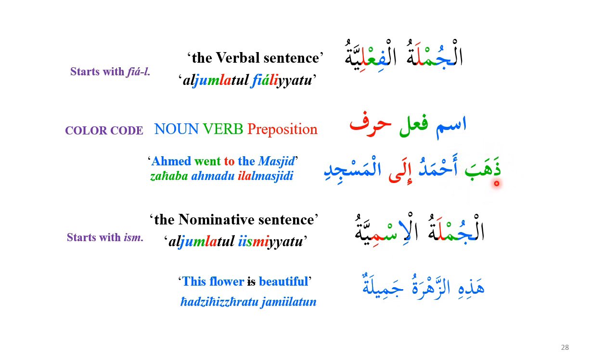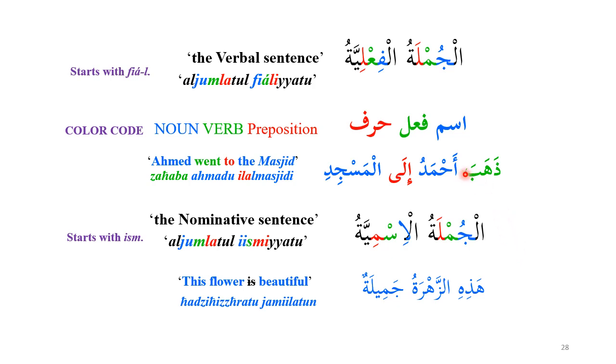Basic form of the verbs, the 14 conjugations don't apply. Basically, zahaba or zahabat would be there, and then you describe the ism and the linkage with the harf. So here, see, zahaba ahmadu ilal masjidi. Here, this ila, this harf, is linking, of course, the going, also Ahmad, with the masjid, right? This linkage you have to understand, right?